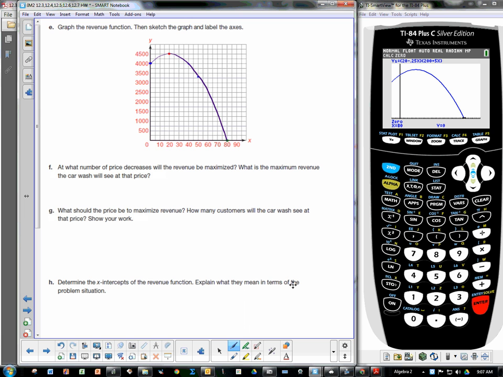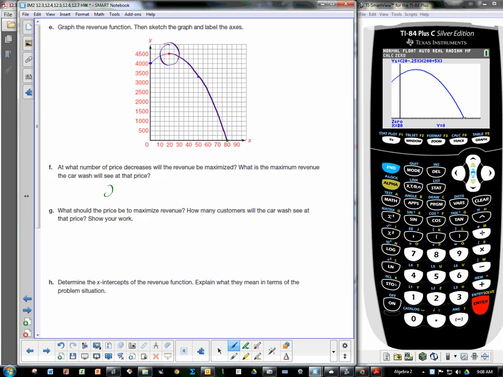Our next goal here, it says, at what number of price decreases will the revenue be maximized? What is the maximum revenue? Folks, where do you find that maximum? At the max, it's what's called the vertex of this parabola. And we did find it already. It is right here. And that happens to be 20, 4,500.